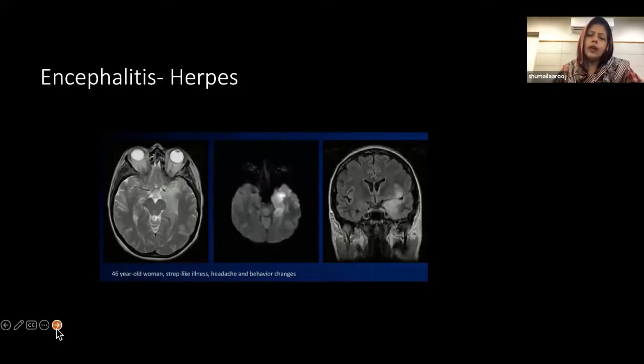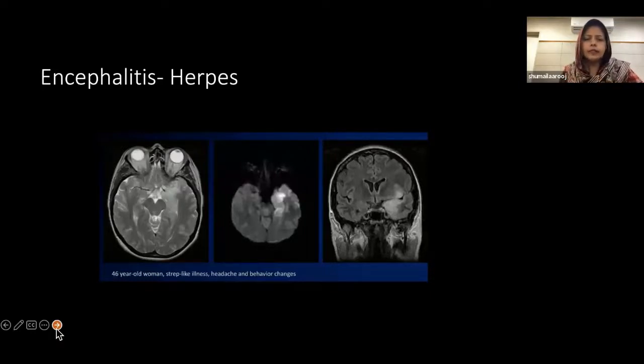So for that, you have to have a close collaboration with your radiologist, so that you give your piece of clinical information, and then on the basis of that we give our piece of information, and that helps the patient.